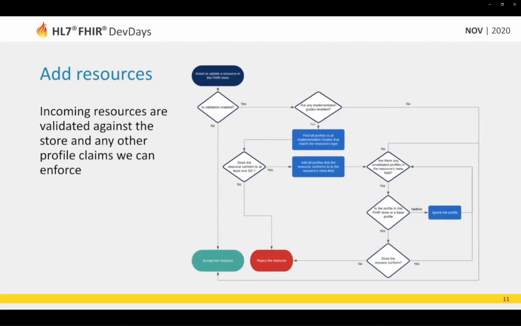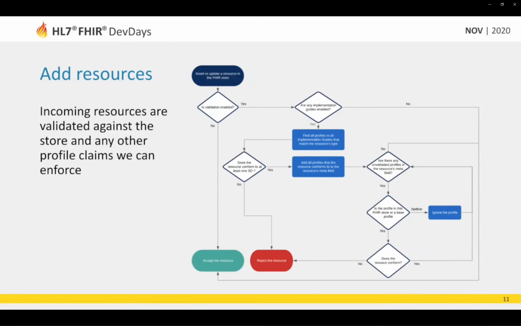The FHIR server will look for at least one structure definition the resource conforms to. If it doesn't match any of them, that's when the resource will be rejected. If it does match one of them, the resource will be accepted, but we can do some additional work on the automation side to add even more profiles. Any profile that the resource conforms to will be added to the meta field.